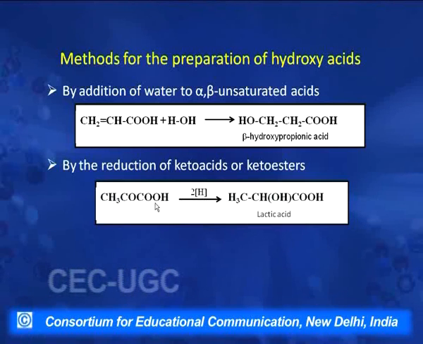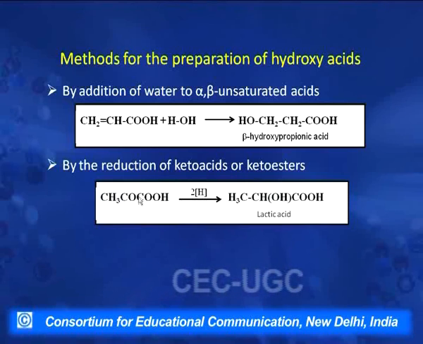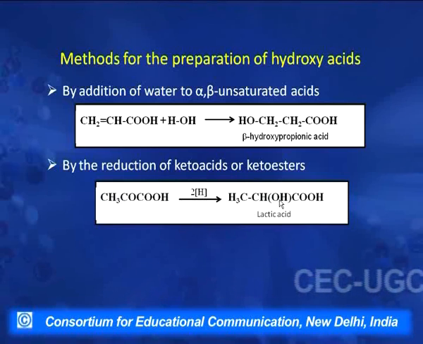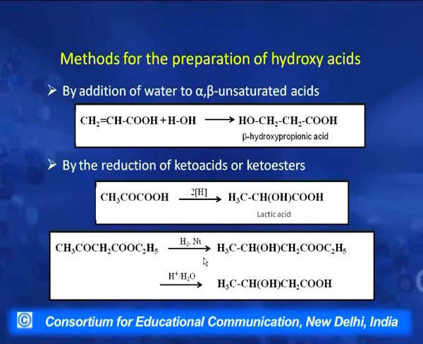Then keto acids and keto esters can be reduced, this CO can be reduced to CHOH, and if it is ester, that will be ultimately hydrolyzed. So, wherever this CO group is there in the chain, it will become CHOH. So, we will get the corresponding hydroxy acid from the corresponding keto acid.